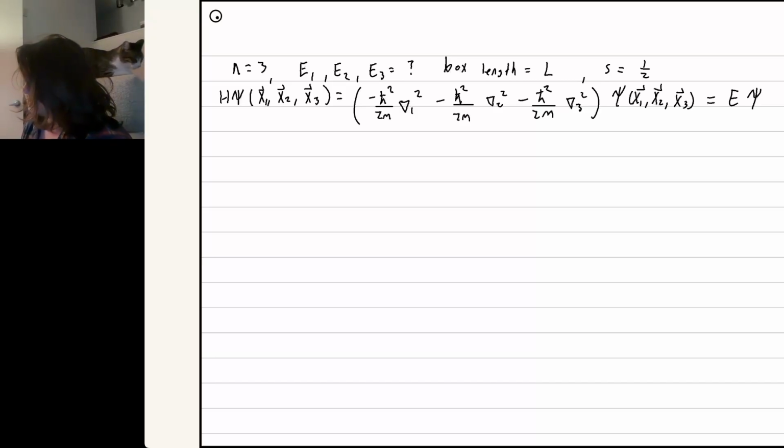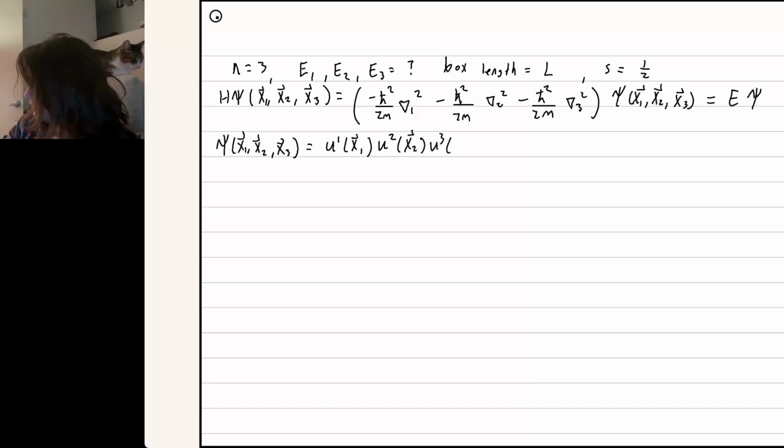Because the wave function is in theory separable, you can rewrite psi as a product of three separable functions of x1, x2, and x3, which I'm going to call u1 of x1, u2 of x2, and u3 of x3.